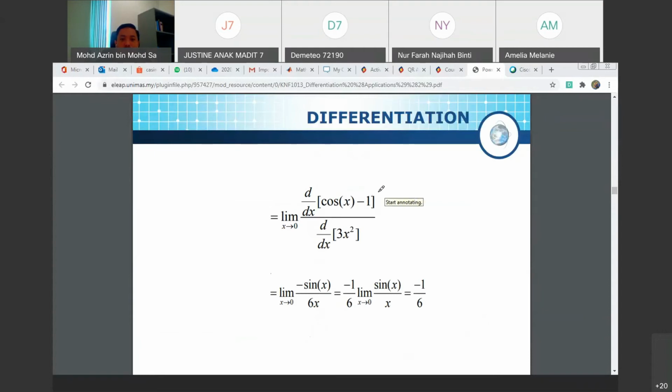The cos x, you will get negative sin x. Then you differentiate the 3x squared, you will get 6x. Then you simplify, masuk balik the x equal to 0.